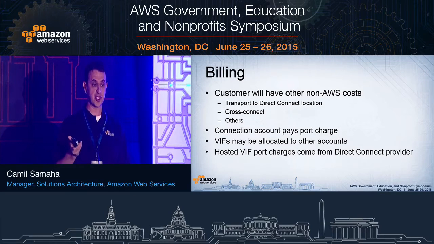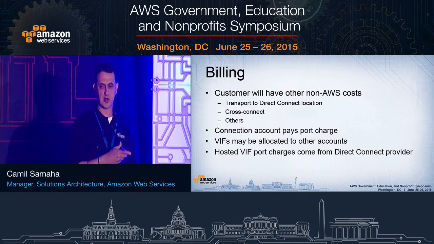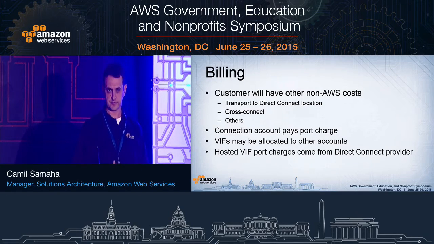If you have a relationship with your local transport provider, who then owns that relationship with the colo provider, you need to make sure that you instruct them to place the cross-connect order with the Direct Connect facilities vendor. Okay.